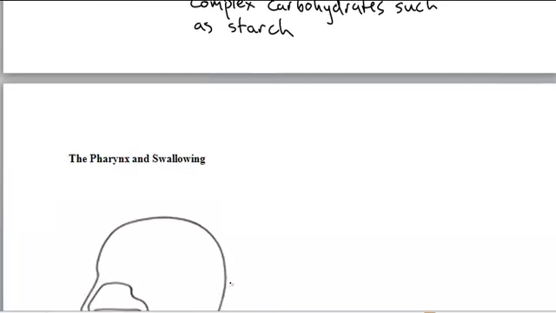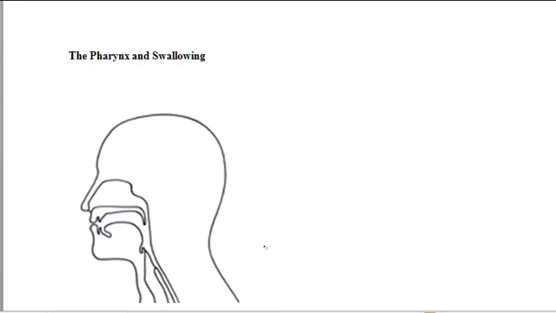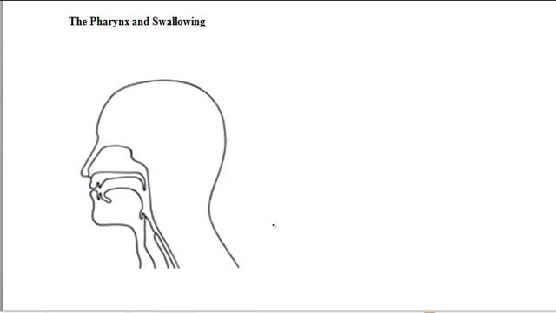The next portion of the digestive tract we're going to look at is called the pharynx. And the pharynx is this region at the very back of your throat. And circle it like this. Square it, I guess, would be more appropriate. Okay.